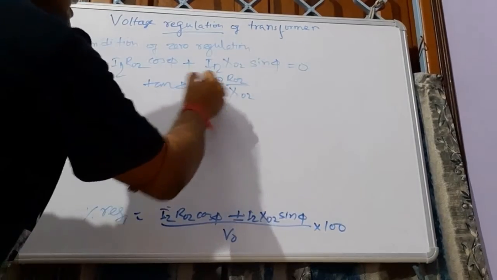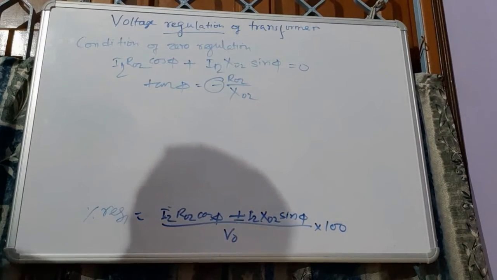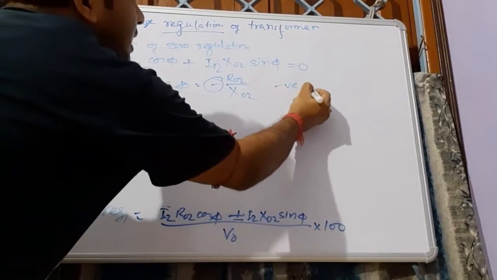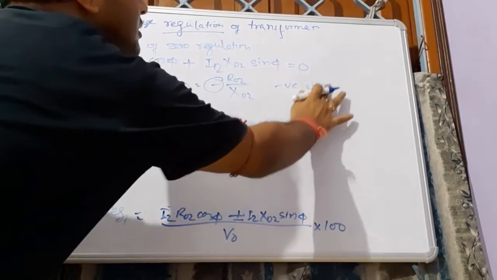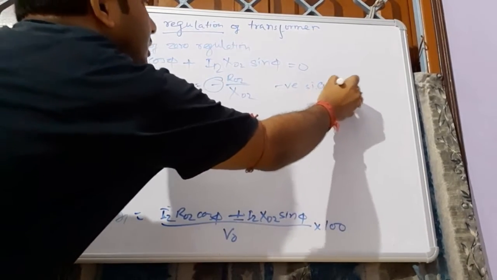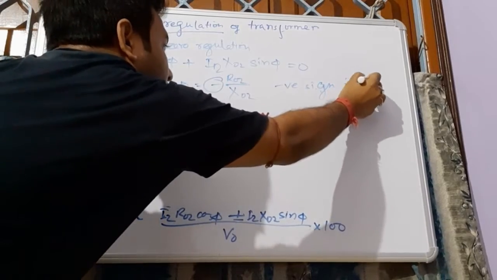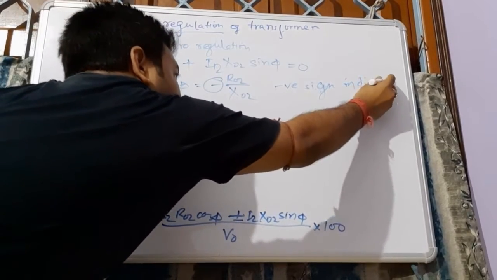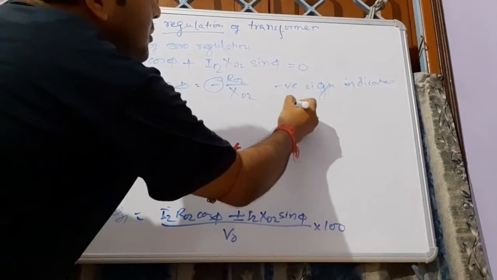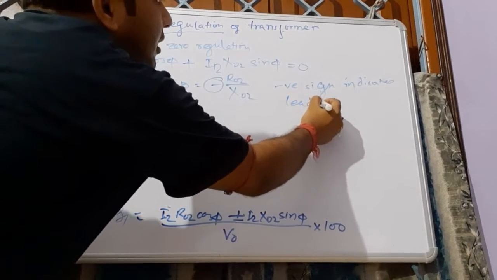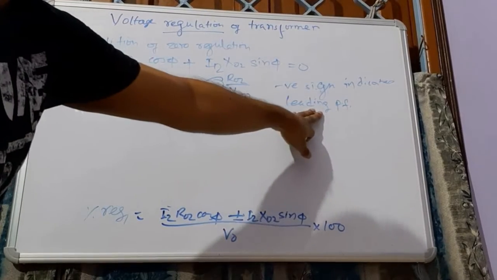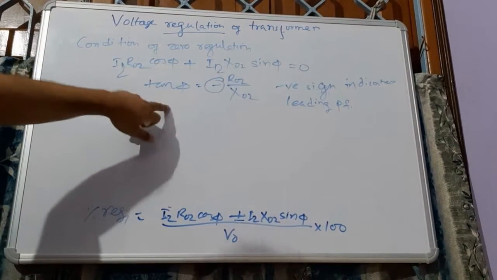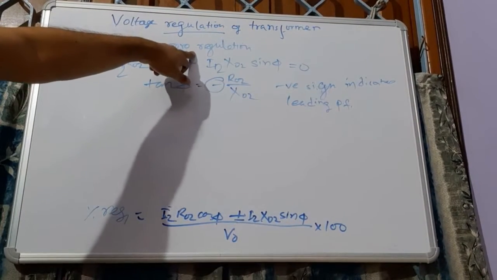So this negative sign indicates leading power factor. So in leading power factor we can get zero regulation.